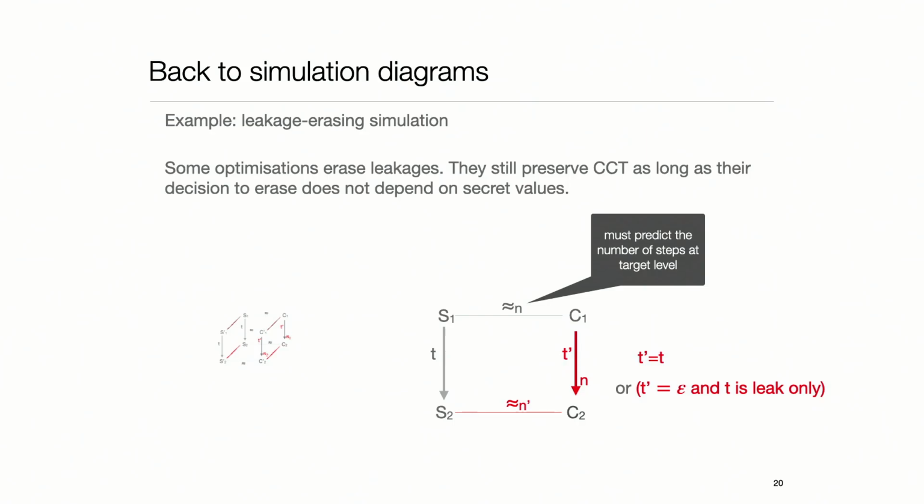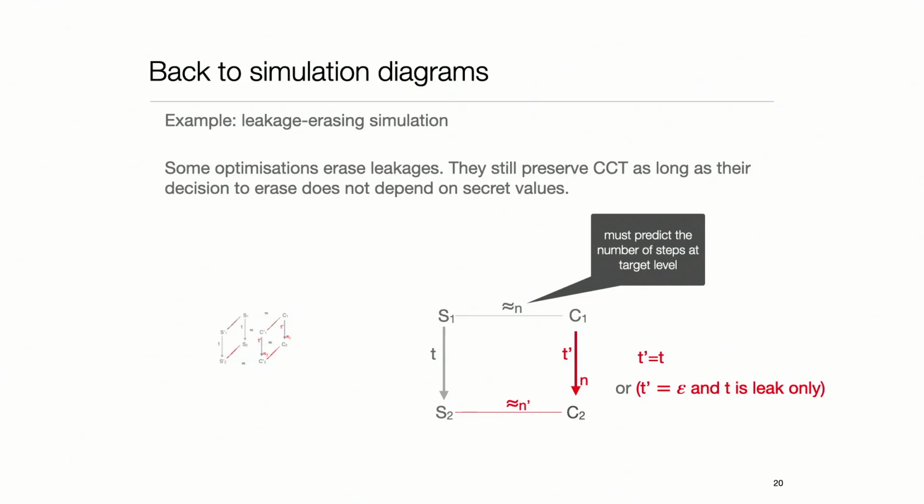So this is the new diagram we have for terminating programs. Here, the trace in the target execution is either the same as the trace in the source execution, but in the case where the trace T in the source execution is a leak-only event, we may have an empty trace in the target execution.